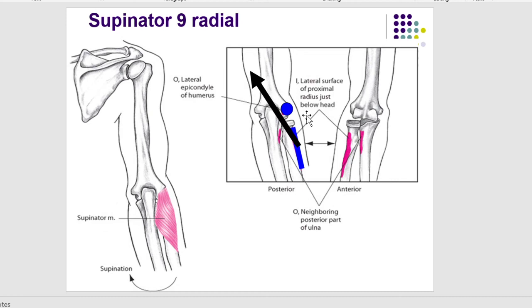So when the supinator contracts, it pulls the radius, pulling the forearm to move with the palm facing upward. That is your supinator muscle acting.